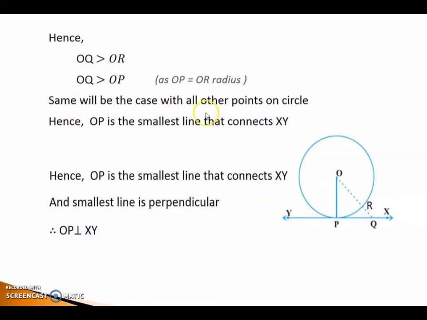So the same is the case with all other points. So OP only is the shortest one that can connect XY to this point O. Since it is the shortest line segment, therefore it is perpendicular to XY.